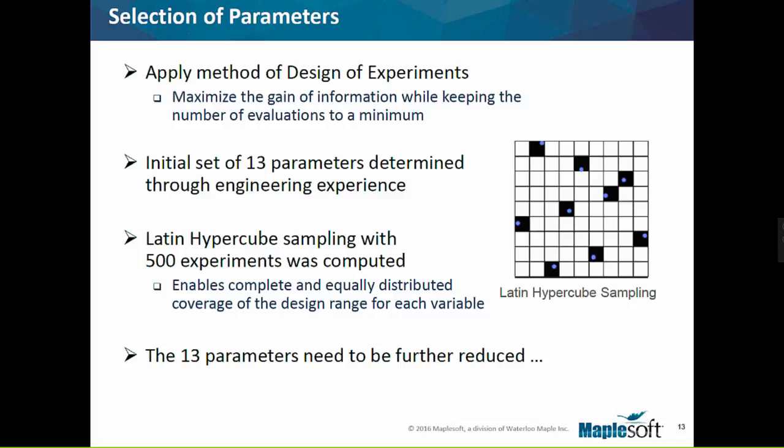These were then subjected to Latin hypercube sampling, where a set of 50 experiments were computed, covering the complete design range for each variable. But even with these 13 identified parameters, we need to distill the options further to determine a smaller group that we really need to focus on for optimization.